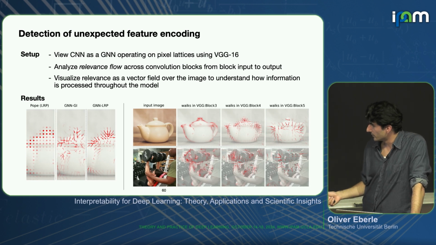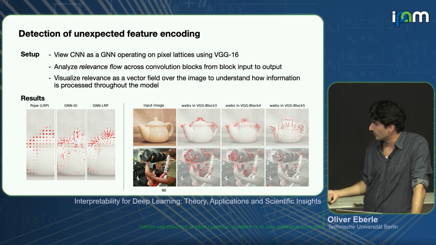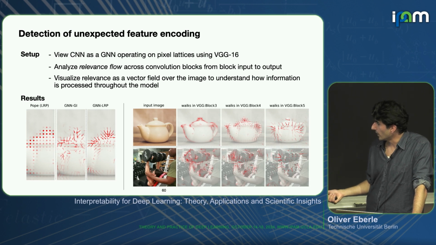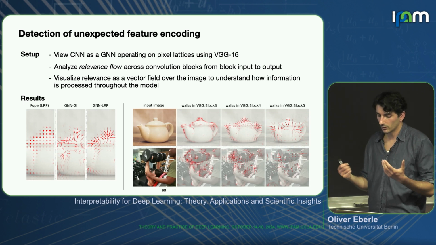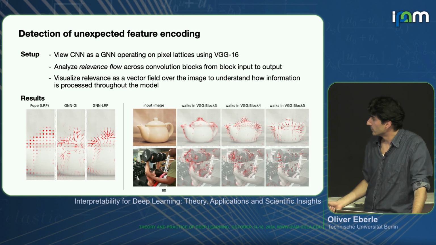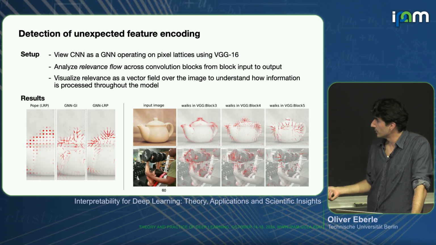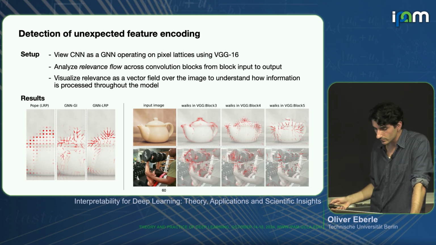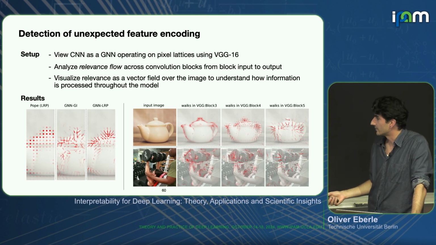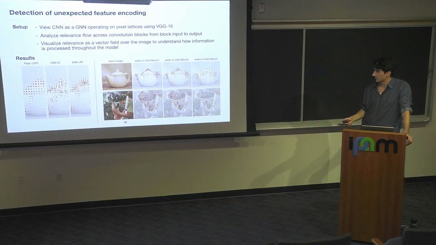And you can actually see where this happens. In earlier blocks, these two concepts are still separated. Here you have a separate flow field for the dumbbell, and here as well, and one for the arm, or more like the wrist maybe. And then in the latest step, in block 5, you see how they merge into one coherent object. So if you wanted to mitigate this behavior, you would have to intervene at this step here. So it's useful to really understand better how the information is assembled.